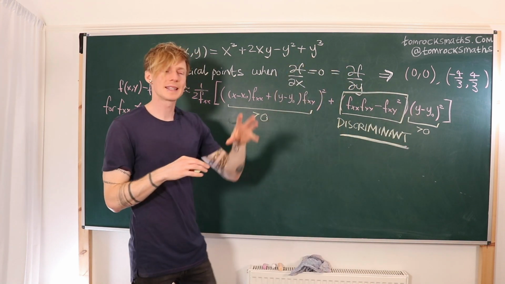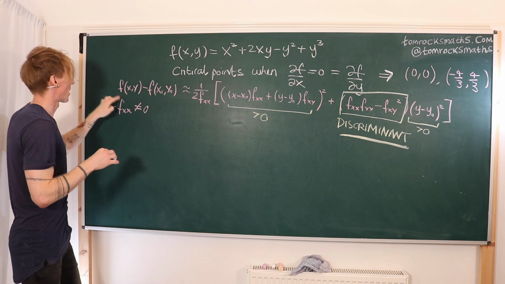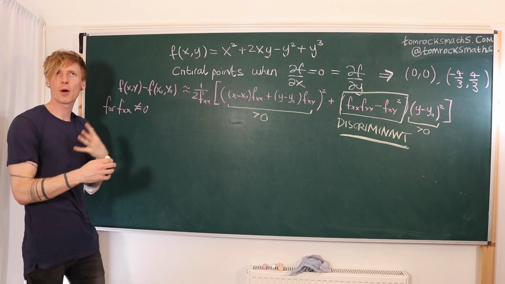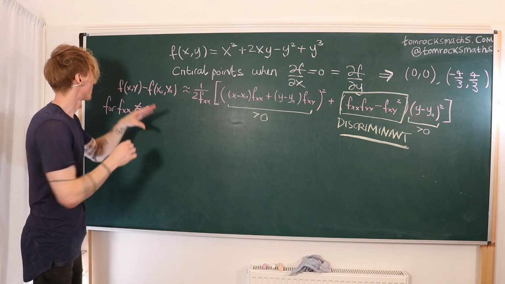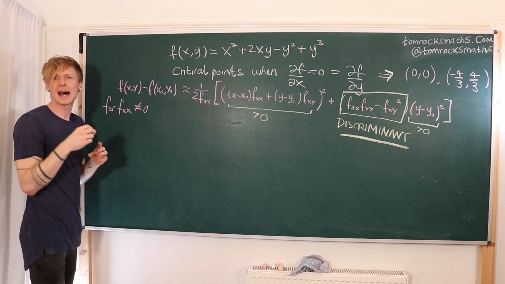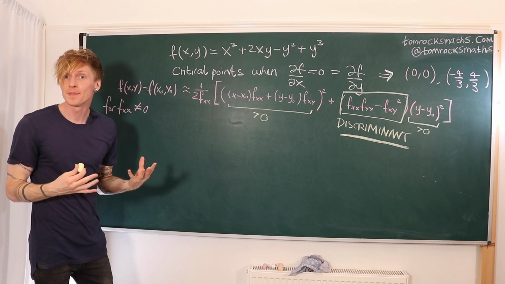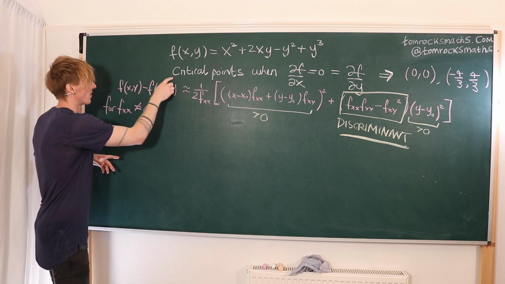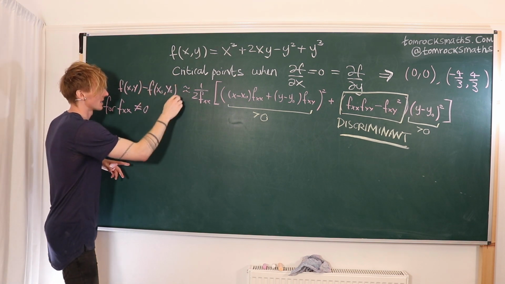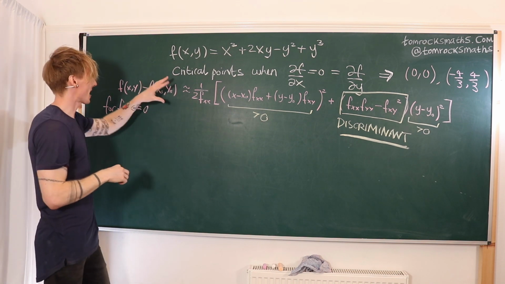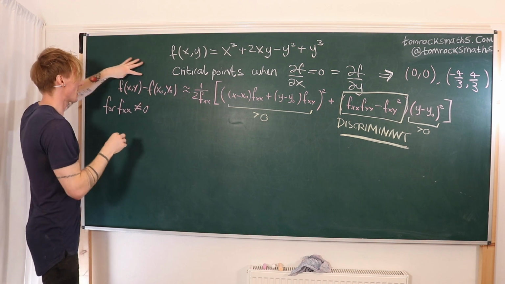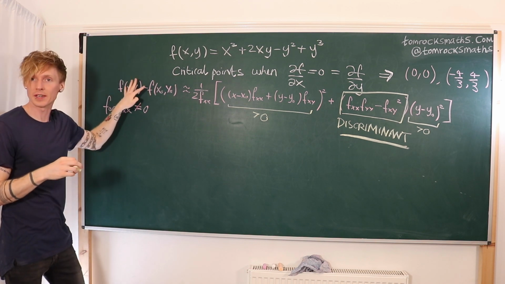And this is going to be our discriminant. So going back to the left-hand side of our equation and thinking about what we did in the one variable case earlier, if I'm at, let's say, a maximum, then I know that the value at my critical point x0, y0 has to be bigger than any surrounding xy point.